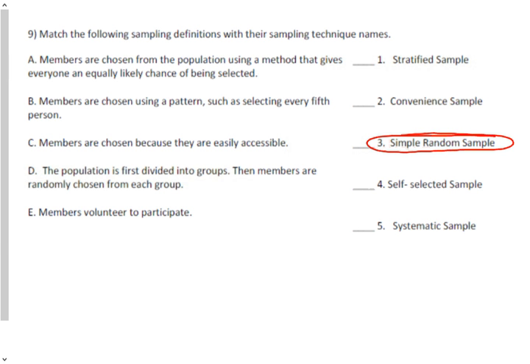It's one that you probably already know. A random sample is where members are chosen from the population using some sort of method where every single person has an equal chance of being chosen. That is a random sample.